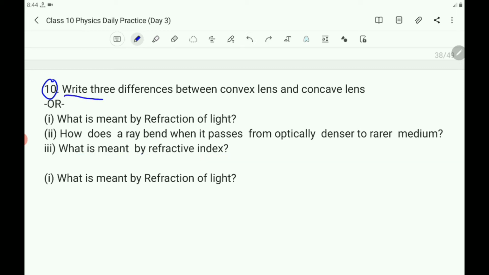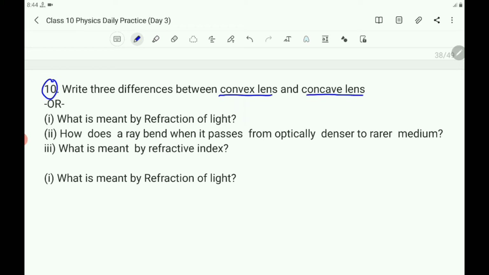Now let us write the three differences between convex lens and concave lens. Convex lens is the converging lens, concave lens is the diverging lens. Means convex lens converges the rays of light falling on it, concave lens diverges the rays. Convex lens is thicker in the middle and thinner at the edges.